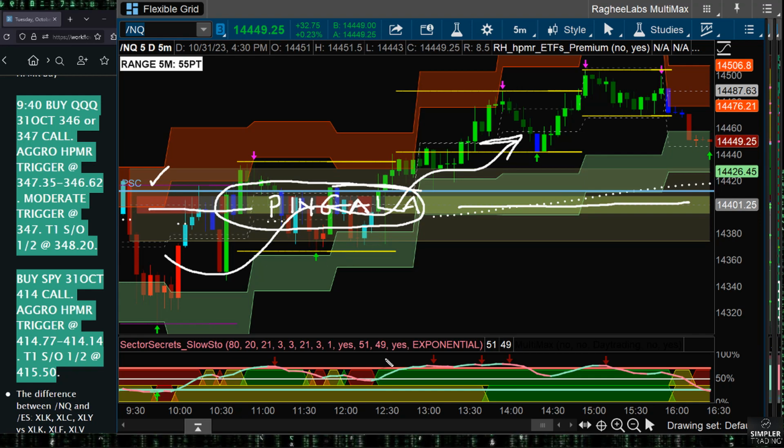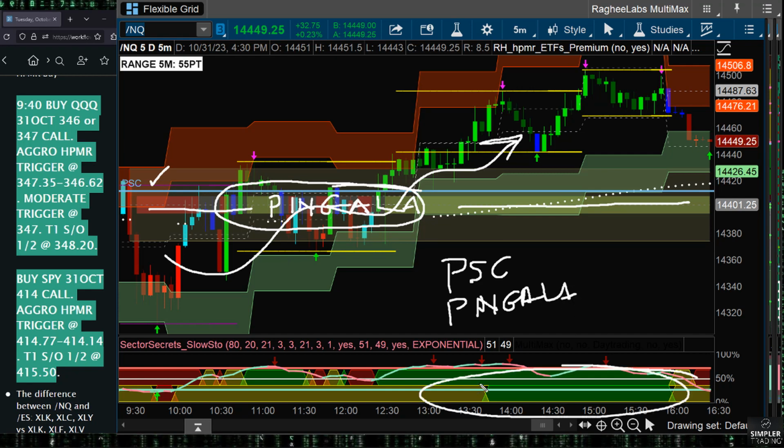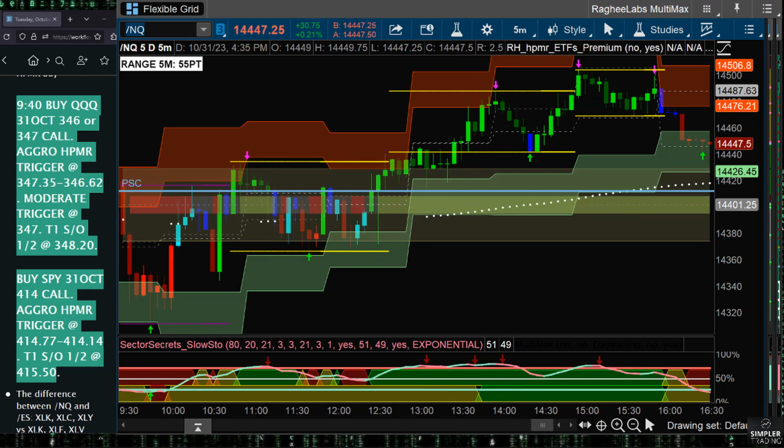So once we got above the two P's, previous session close and Pingala, you can see that happened first, and then we ended up with that transition from neutral to bullish trend, and it just kept moving. So those little cues along the way, if you can pick up these little cues of the setups, these are very, very repeatable approaches. And we're winding down October, and I'm looking forward to more setups like this come November.